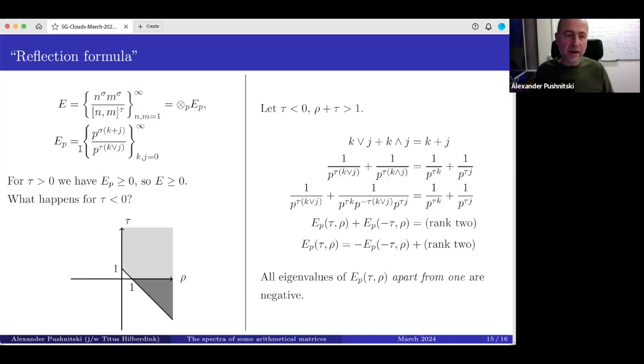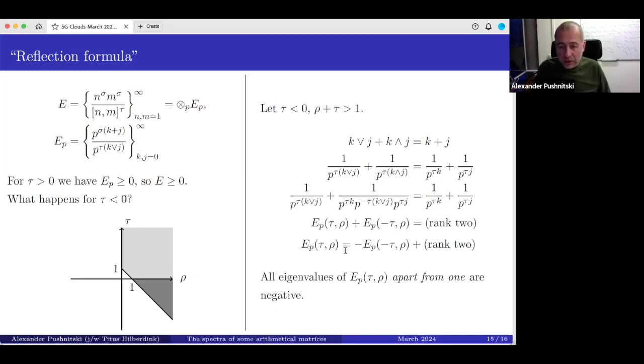Then in the end, if I multiply by the numerator, I get the following formula: EP for tau and rho is the same. See, here I have tau, and here I have minus tau. So I've swapped tau for minus tau, but on the right-hand side, I have some rank 2 operator. This is just the sum of two operators which are rank 2, because this depends only on k, and if I multiply by this, I still get rank 2.